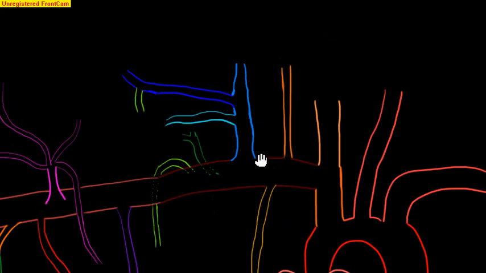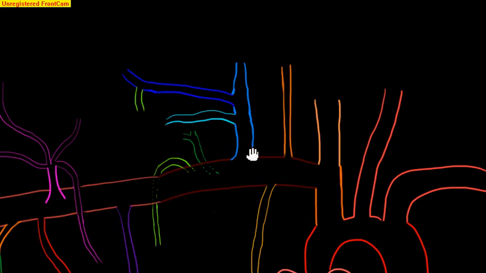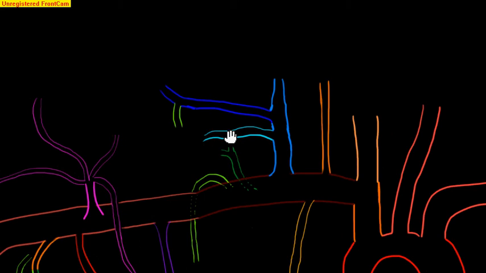Then T from vitamin is going to be the, let's see if I can remember it, thyrocervical trunk. And off the thyrocervical trunk, you will have your suprascapular artery and your transverse cervical artery.